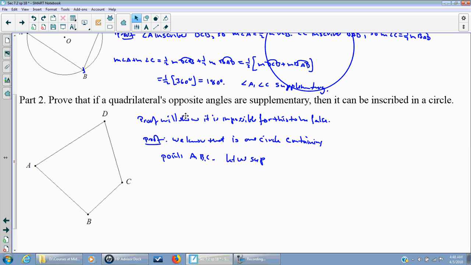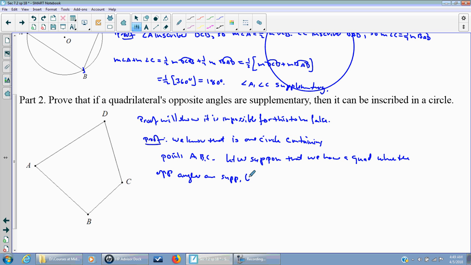Let us suppose that we have a quadrilateral where the opposite angles are supplementary, but it's not inscribed in a circle.